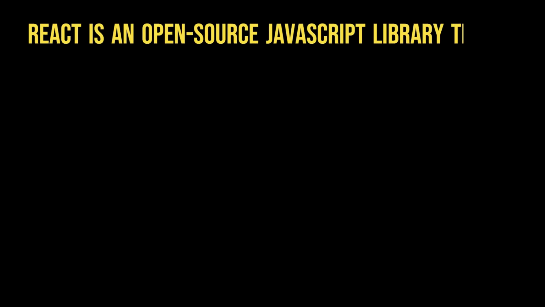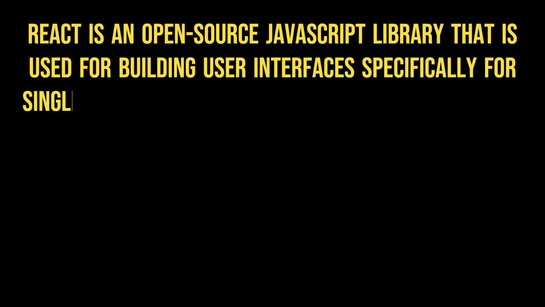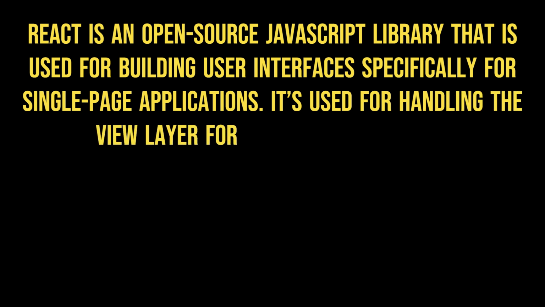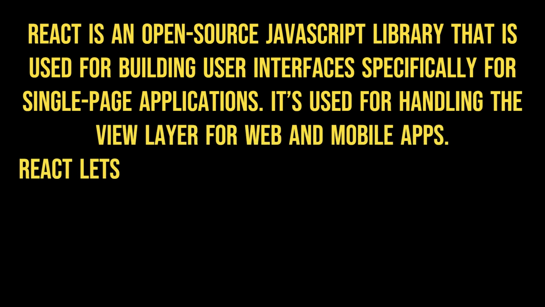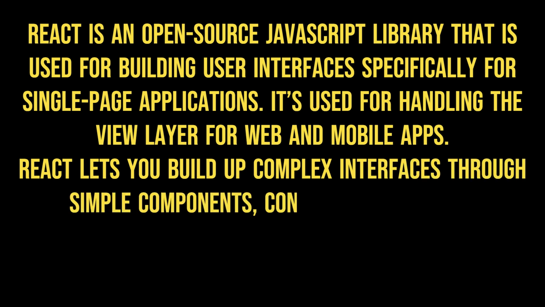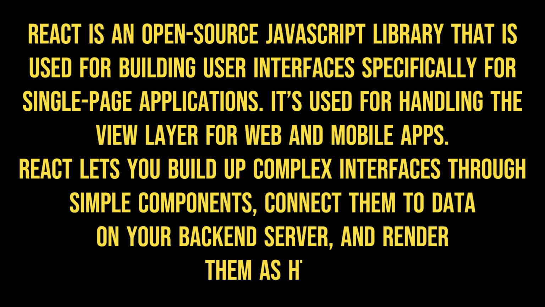3. React.js. React is an open-source JavaScript library that is used for building user interfaces specifically for single-page applications. It's used for handling the view layer for web and mobile apps. React lets you build up complex interfaces through simple components, connect them to data on your backend server, and render them as HTML.